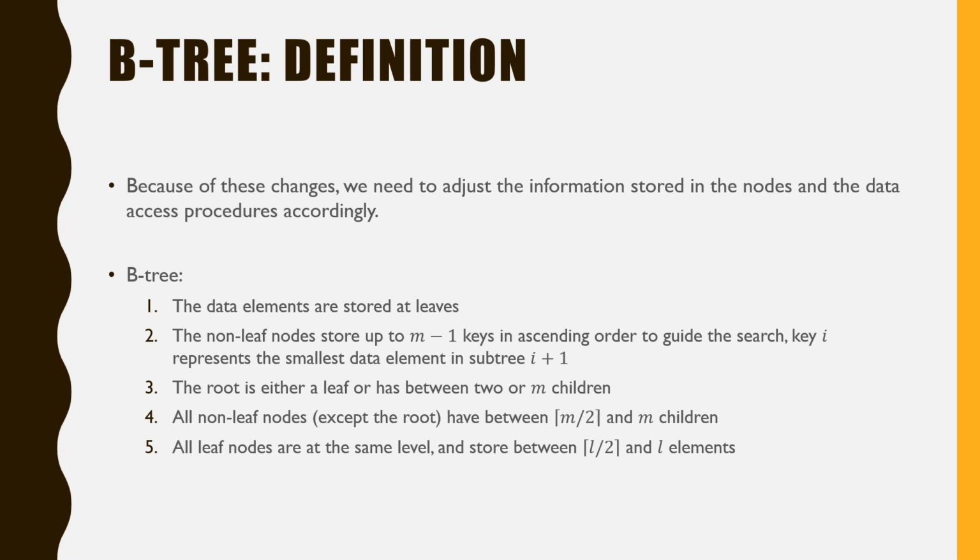Third, the root is either a leaf or has between 2 to m children. Fourth, all non-leaf nodes, except the root, have between the ceiling of m/2 and m children. Finally, all leaf nodes are at the same level, and they store between the ceiling of L/2 and L elements.